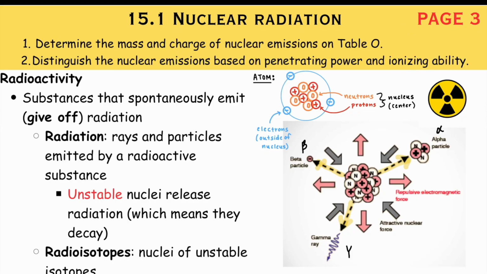Okay, so you may have heard of radioactivity before, but this is describing a nucleus of an atom that is unstable. When a nucleus of an atom is unstable, it's going to release, or emit, or give off certain kinds of radiation. This radiation could be different kinds of rays and particles that will be emitted by this radioactive, or unstable, nucleus of an atom.